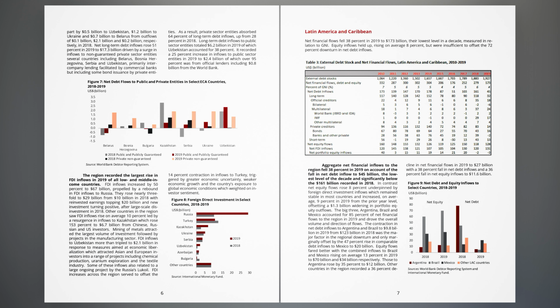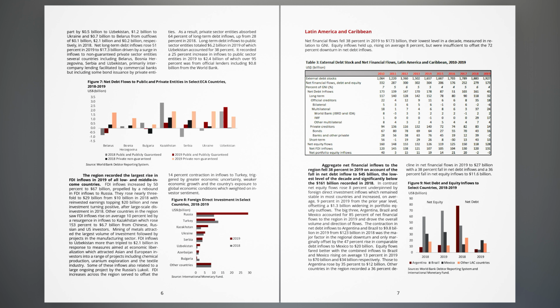Aggregate net financial inflows to the region fell 38% in 2019 on account of the fall in net debt inflow to $45 billion, the lowest level of the decade and significantly below the $161 billion recorded in 2018. In contrast, net equity flows rose 8%, underpinned by foreign direct investment inflows which remained stable in most countries and increased, on average, 9% in 2019 from the prior year level, offsetting a $1.3 billion widening in portfolio equity outflows.